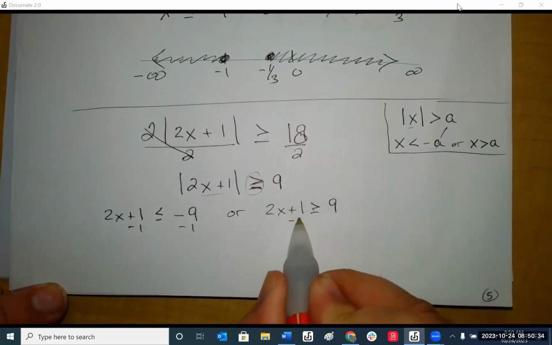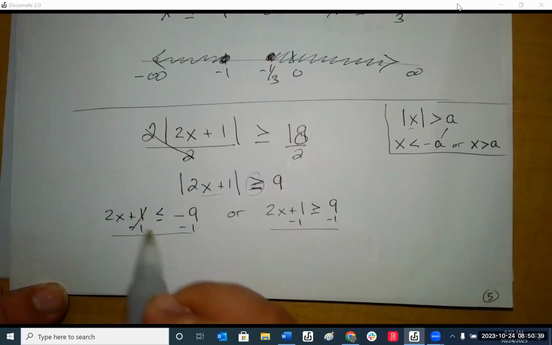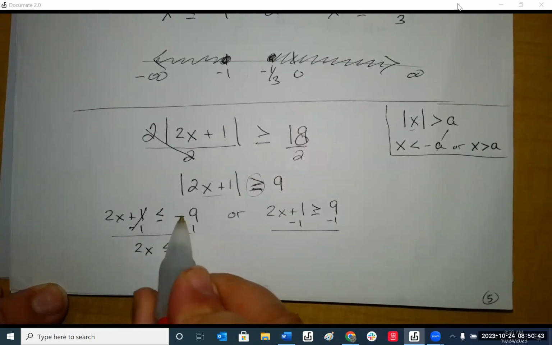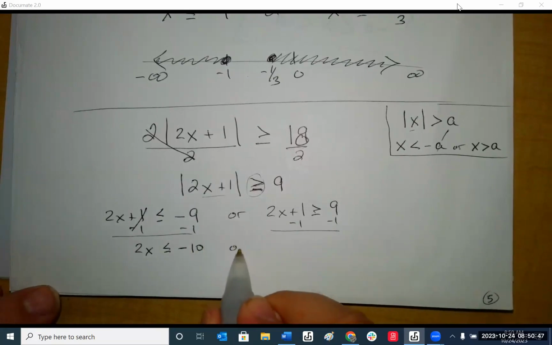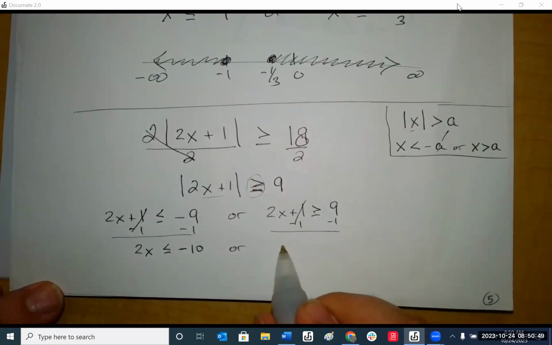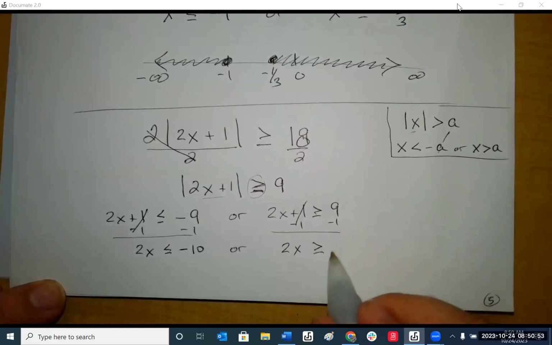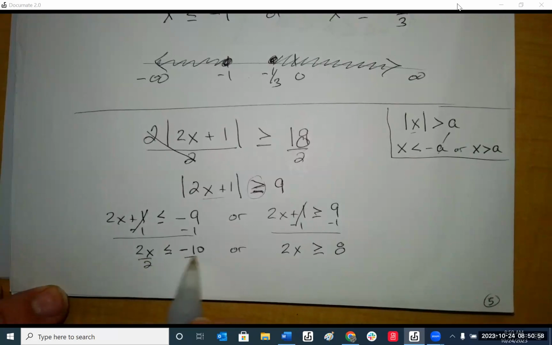Subtract 1 across the board. 2x is less than or equal to, they're both negative, so I add them, negative 10. 2x is greater than or equal to 9 minus 1 is 8. And divide by 2 across the board.